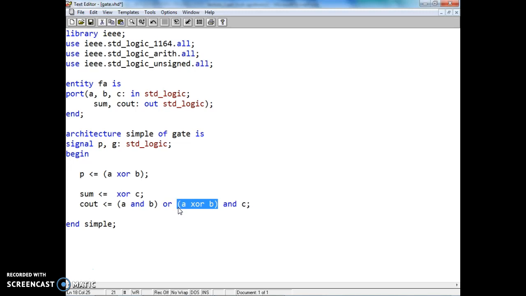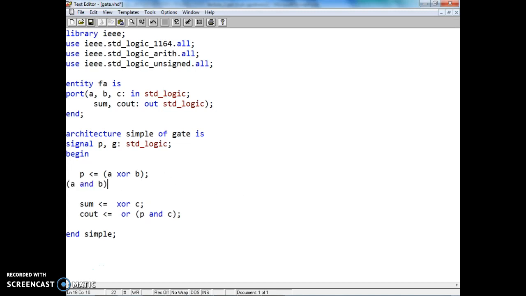It is also A XOR B. I can use P and put it here. And this function A and B is called generation. So I can calculate this and deliver here as G.